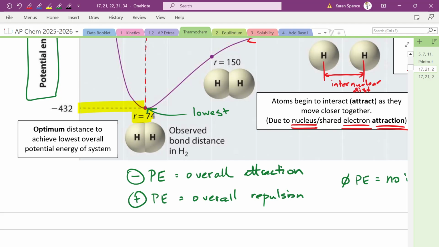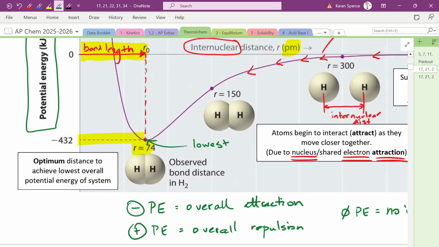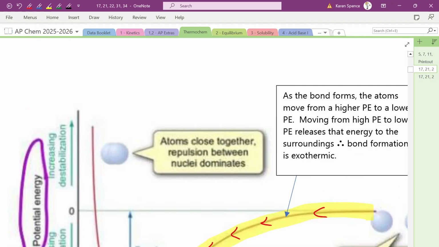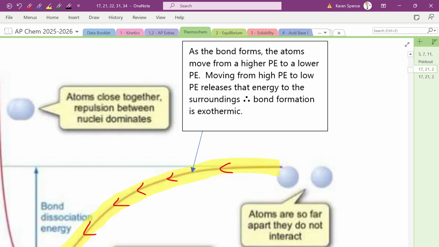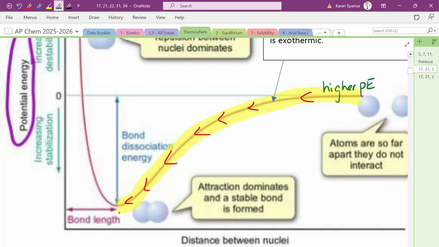Oh, it's awful. Anyway, so we have that, and that is our optimum distance to achieve the overall lowest potential energy of the system. So what you can see then is, if we look on this next diagram, as the bond is forming, that little yellow highlighted part, which is why I did this in color for you, the atoms move from a higher potential energy to a lower potential energy.